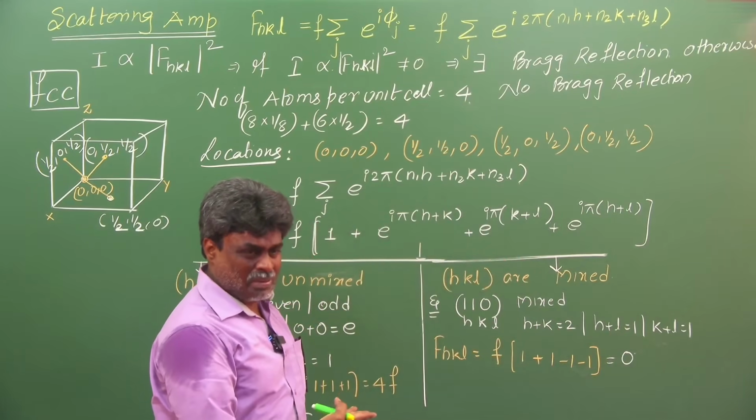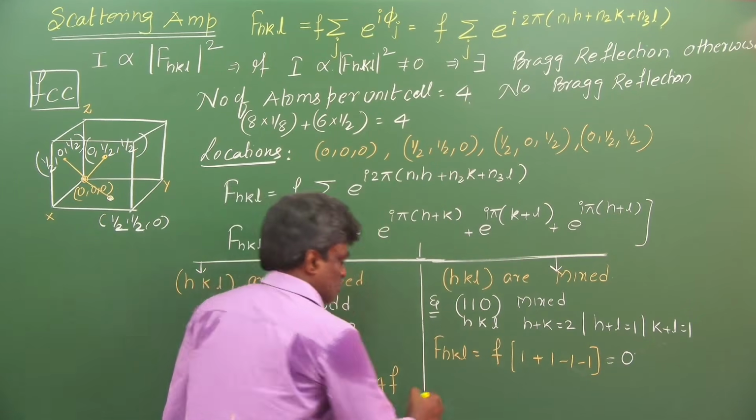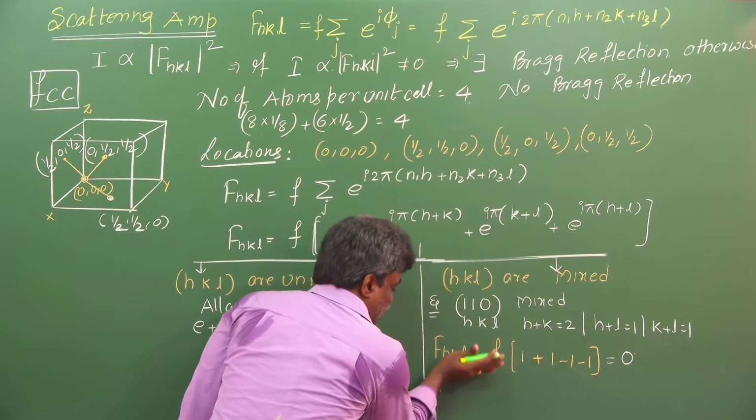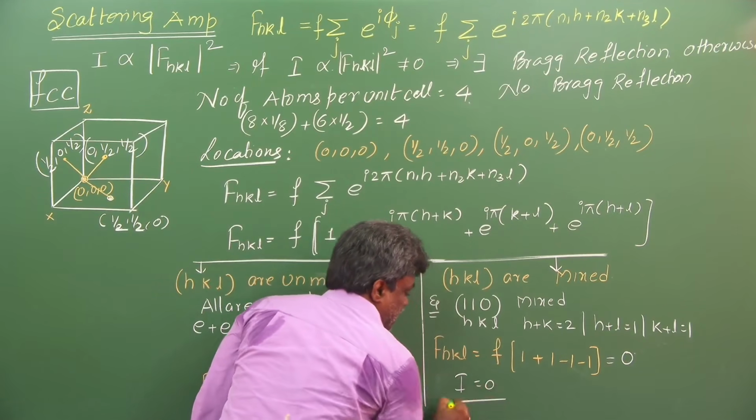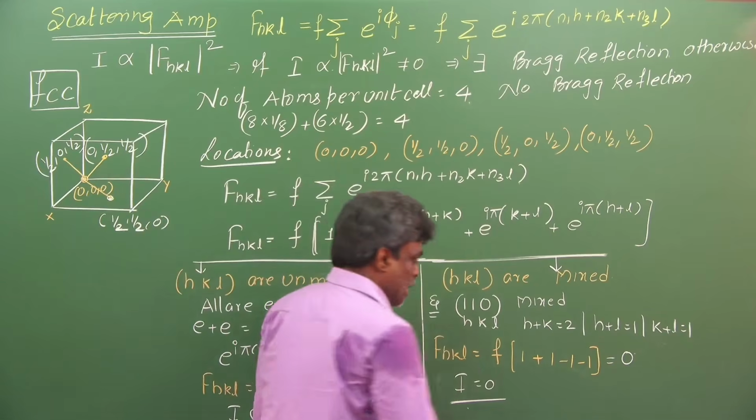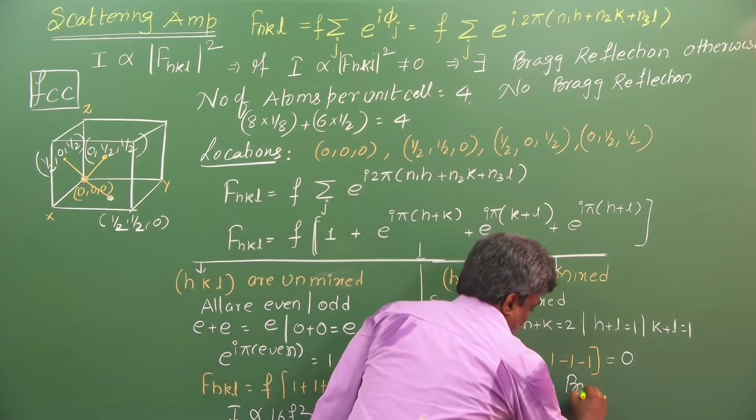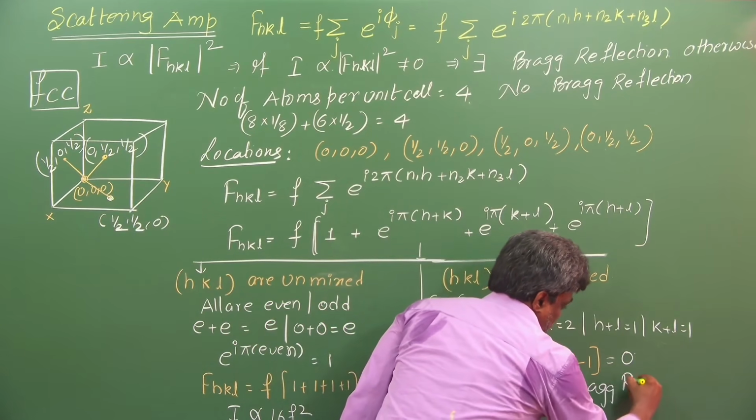For whom am I explaining? So amplitude is 0. That's why intensity is 0. That's why no Bragg reflection. No Bragg reflection.